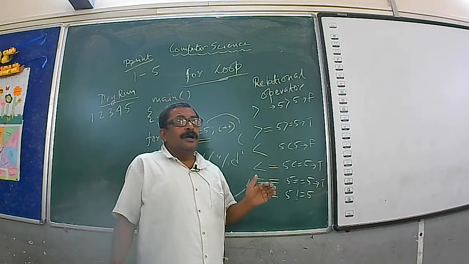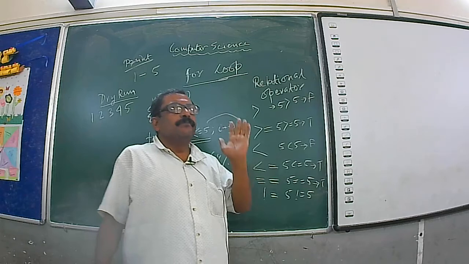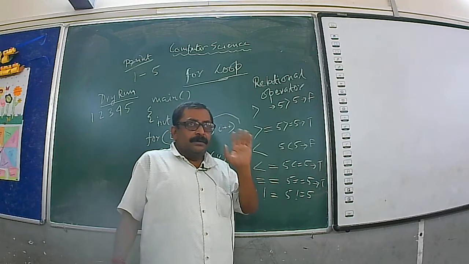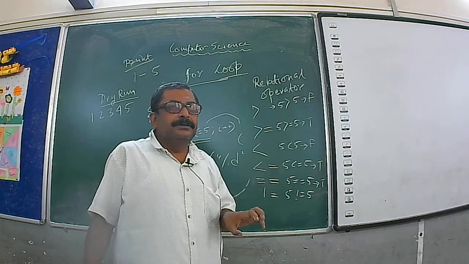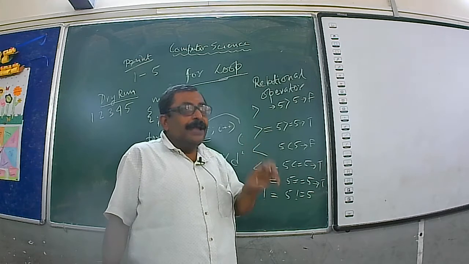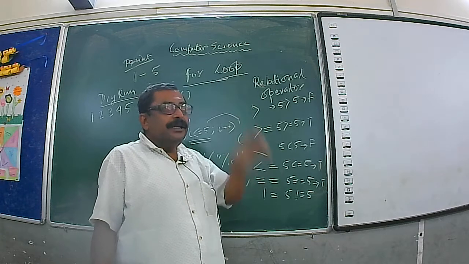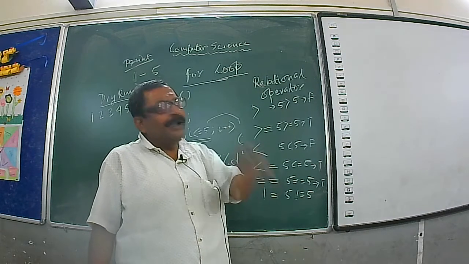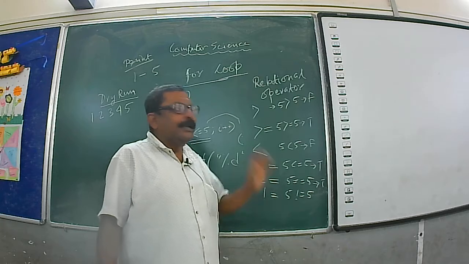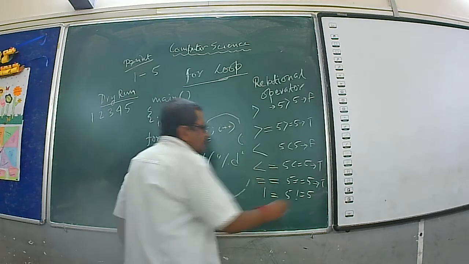If x is equal to y, certain things are to be printed. Now x and y have some value. This value we have to check, and then based on the condition it will print whatever the program requires. 5 not equal to 5, that is false.